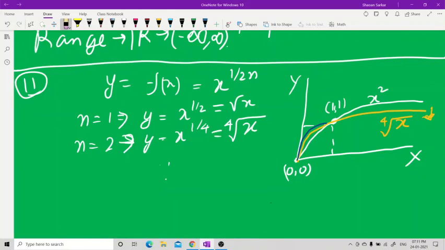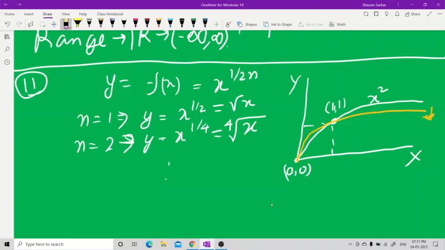Wait a minute. I made a mistake. It will be something like this and it will come more like this. Again the drawing is bad. Let me write this under root of x to the power of 1 by 4 here only.